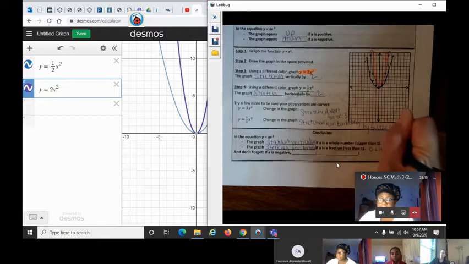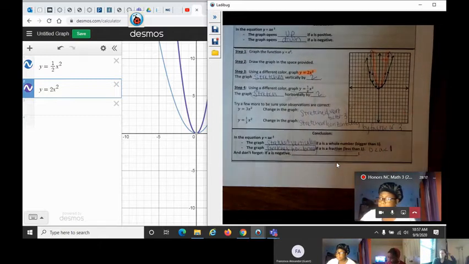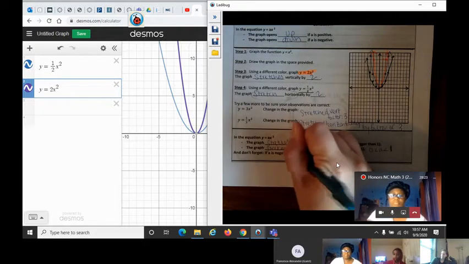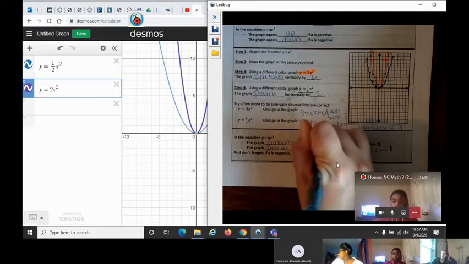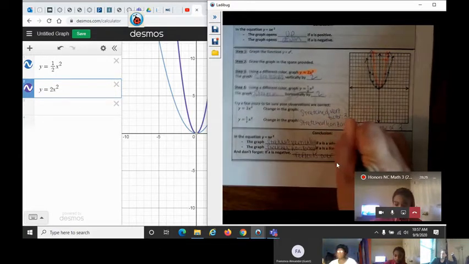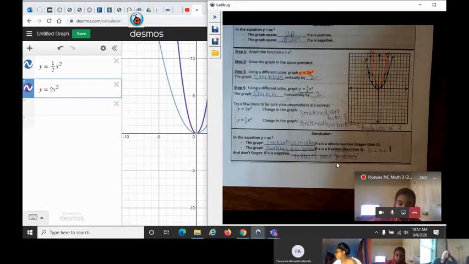So A is between 0 and 1. And if A is negative, it reflects over the x-axis. Okay.